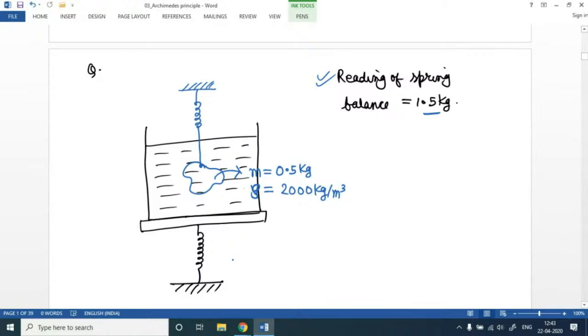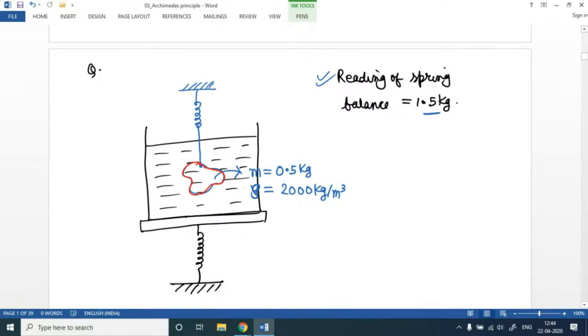So how are we going to deal with this situation? When we have submerged this block, it has come into contact with the liquid, so they will be exerting force on each other.